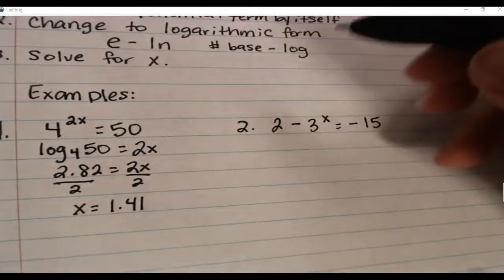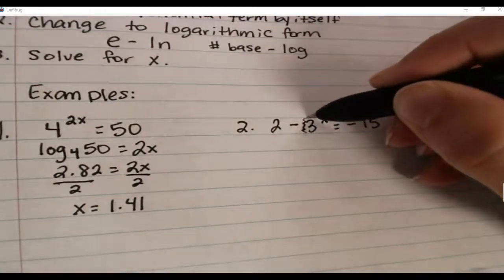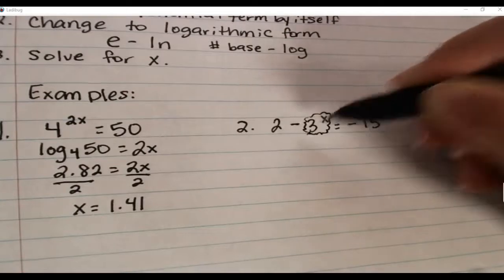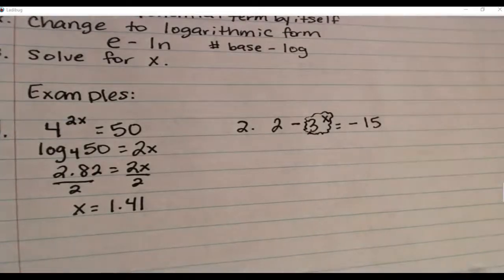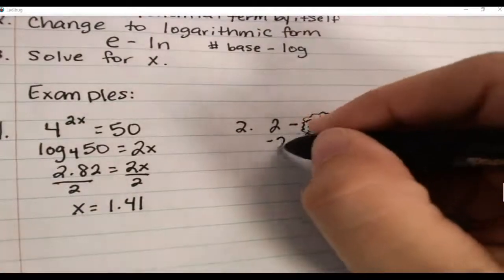We don't even want that negative over there. All we want is this 3 to the x. So what should I do first in order to do that? We will do that, but first we have to move the 2. Subtract it. Yeah, so we subtract 2.